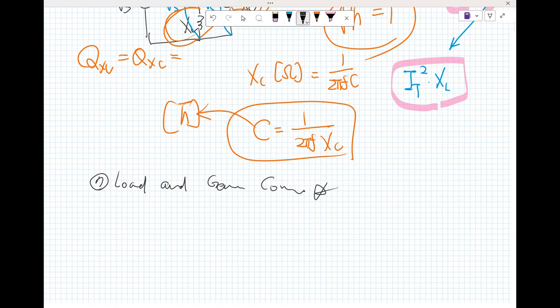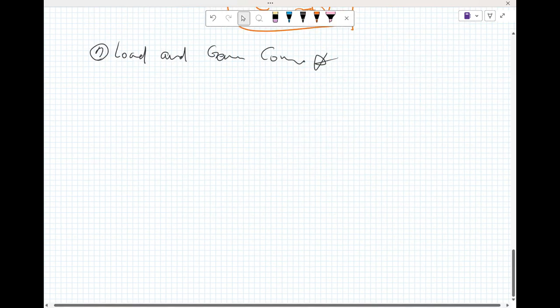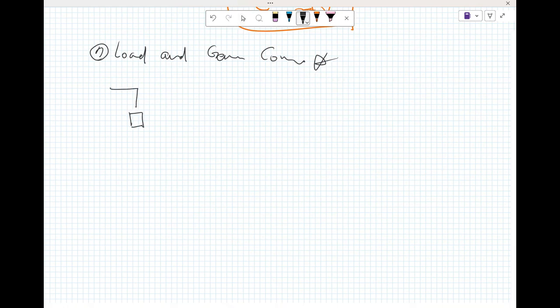Okay. So what do you remember? For any device, any element, this is the plus, and that is the minus. The current goes from plus to minus. The current entering the device is what we call the load convention. This is the load convention.